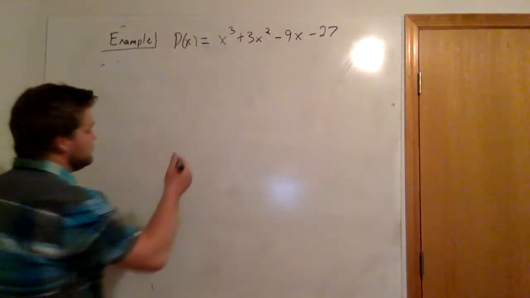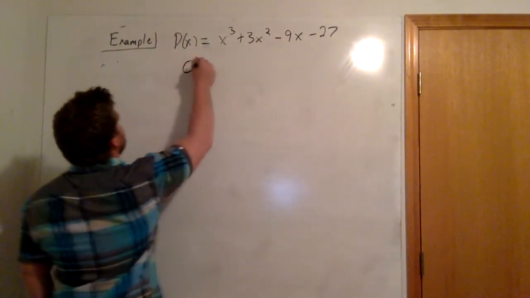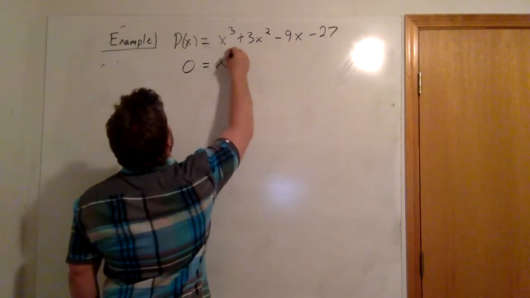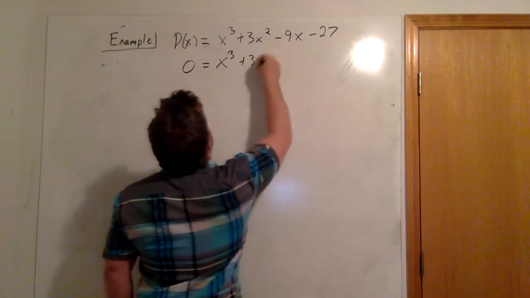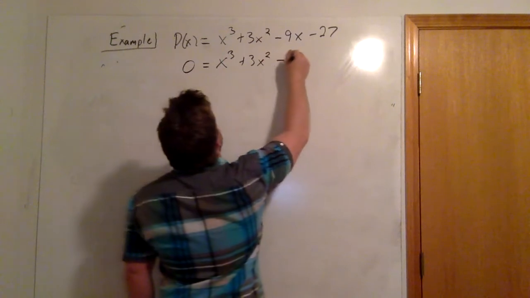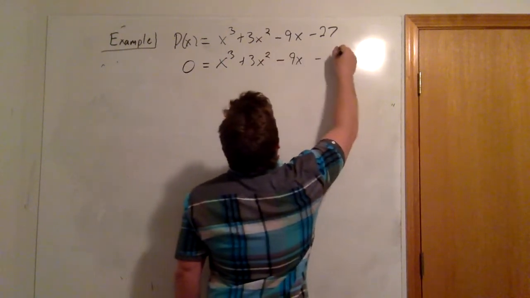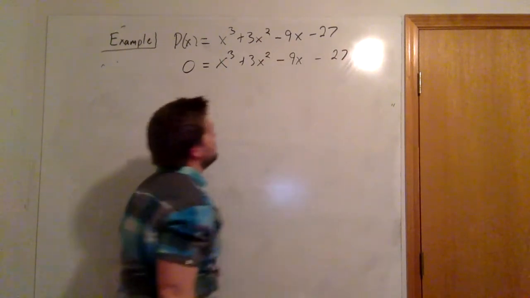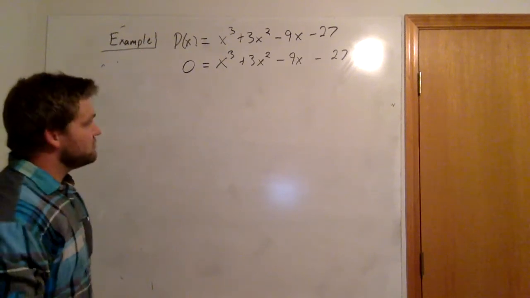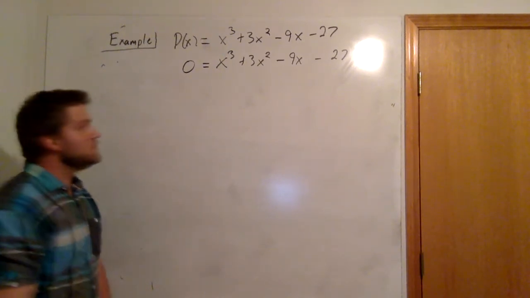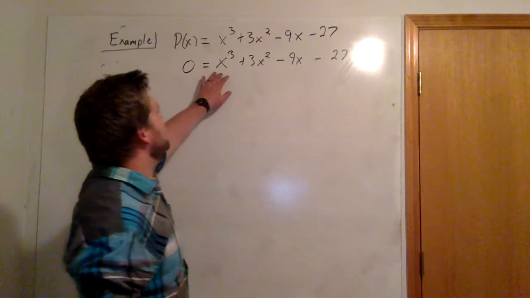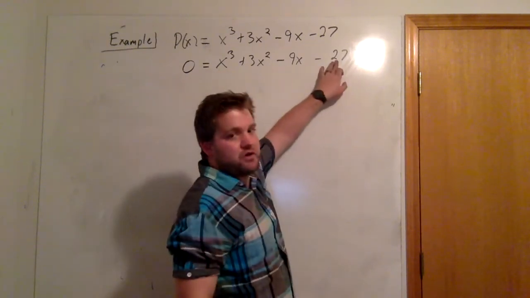Let's figure out what values of x give me an output of 0. When we're trying to factor something like this, it's a little bit tricky because I don't have a common factor in any of these 4 terms.